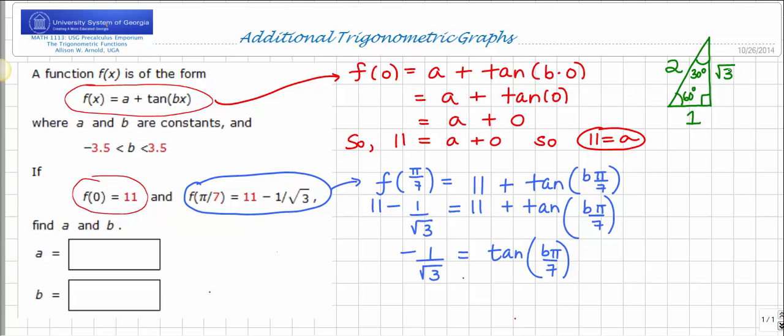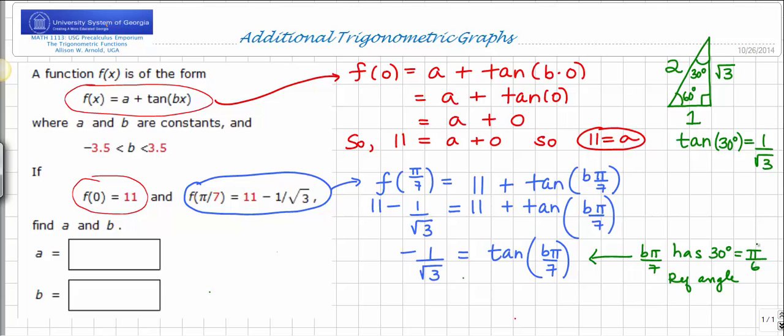You get the same trig values. And so we can see that in basic terms that tangent, which in right triangle trig is opposite over adjacent, tangent of 30 degrees is the value 1 over root 3. So we know that this guy, b pi over 7, has a 30 degree or pi over 6 reference angle.